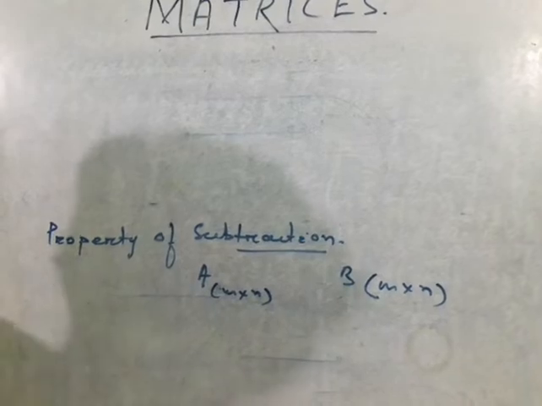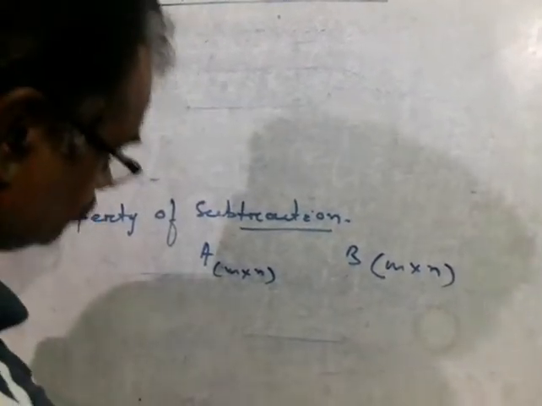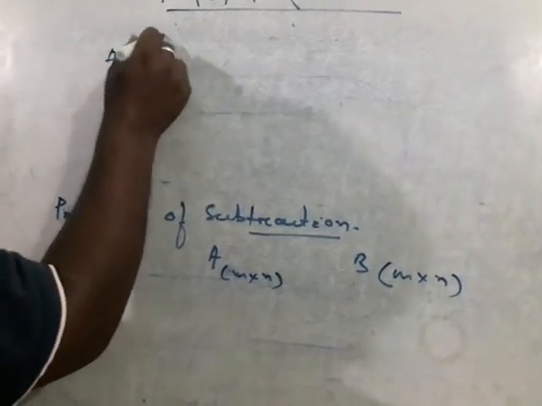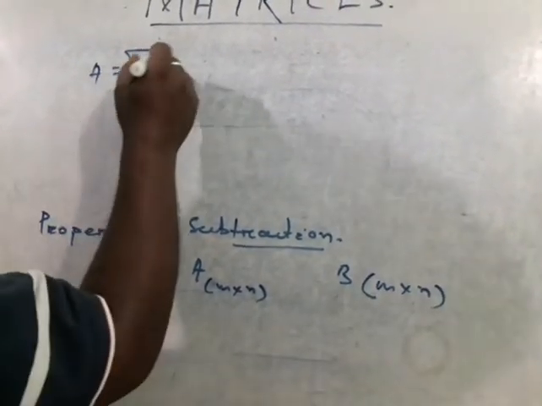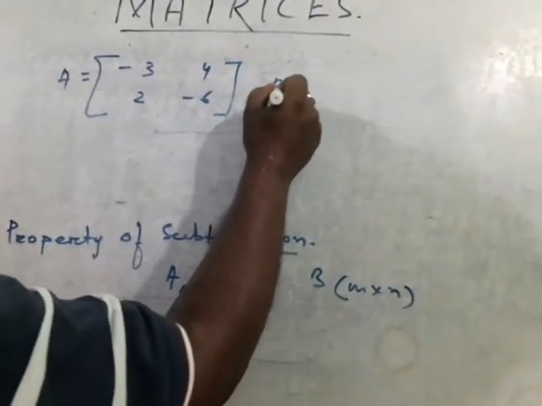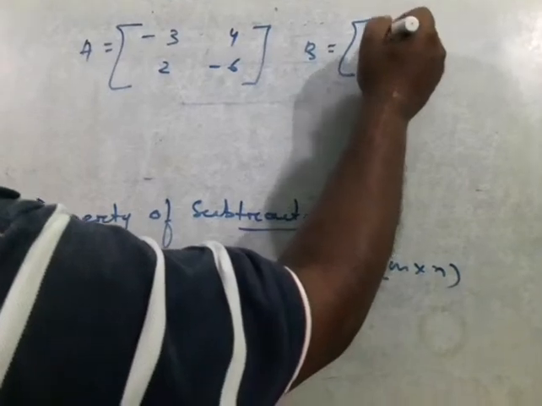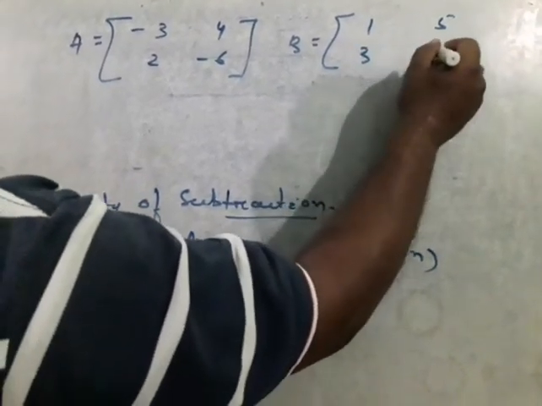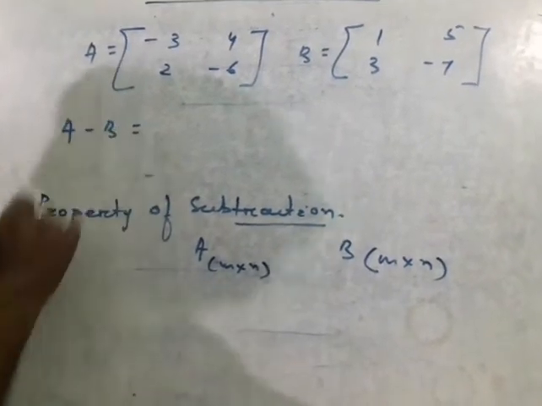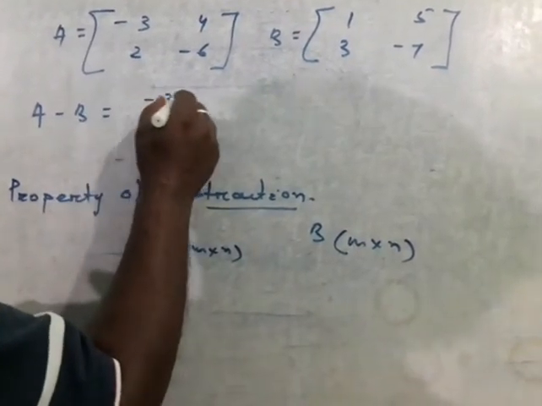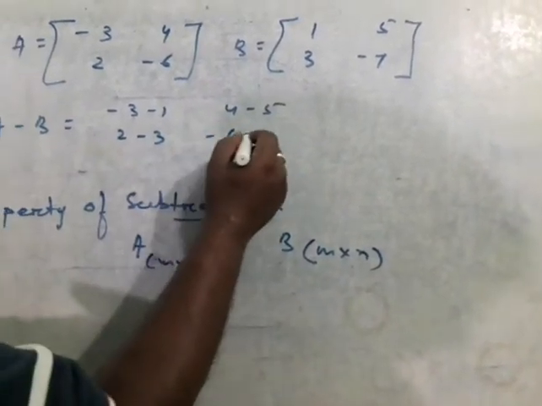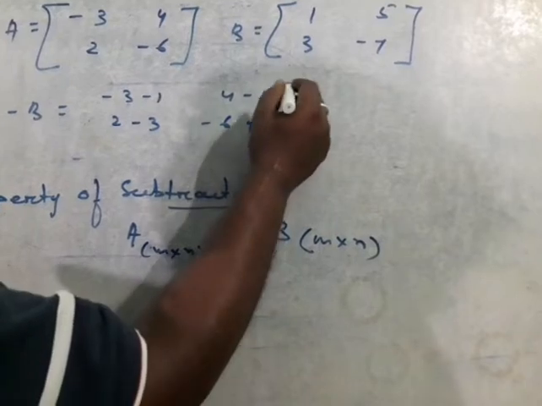For example, if A is a matrix containing -3, 4, 2, -6 and B is 1, 5, 3, -7, then A minus B is equal to -3 minus 1, 4 minus 5, 2 minus 3 and -6 minus -7, or plus 7.